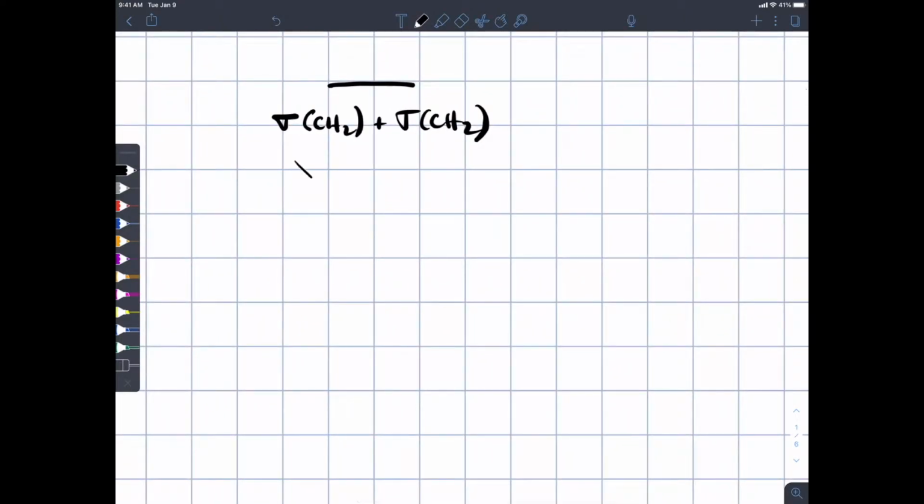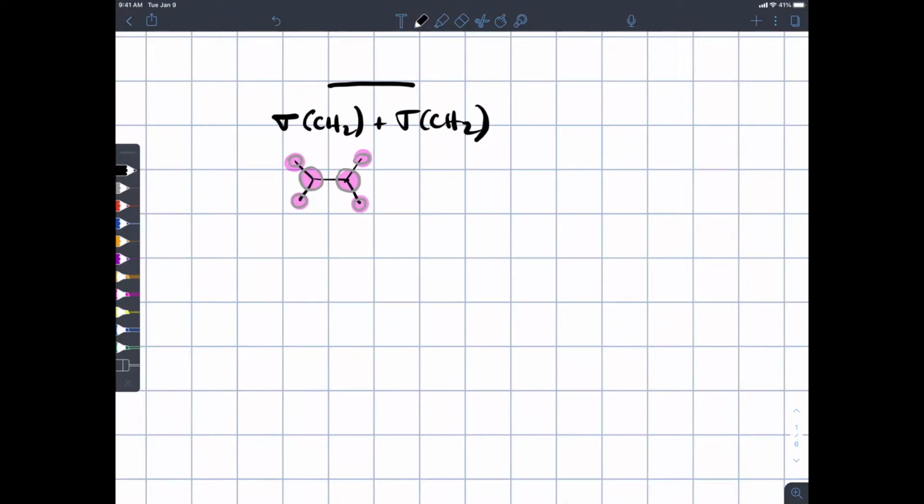For the plus combination, we would simply have the two sigma CH2s lined up with each other in phase.